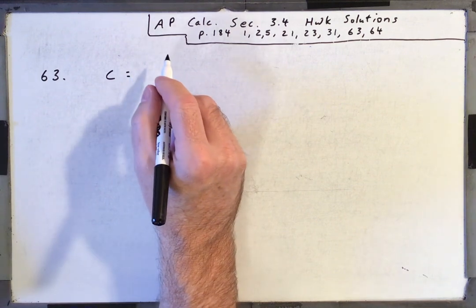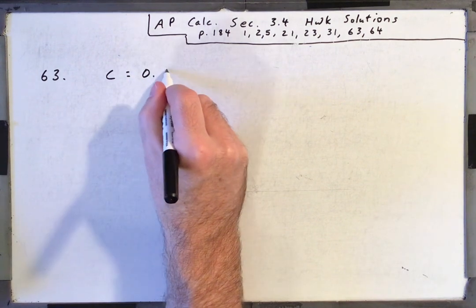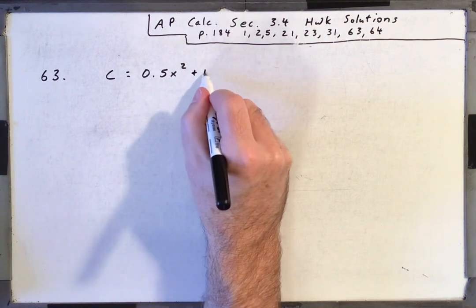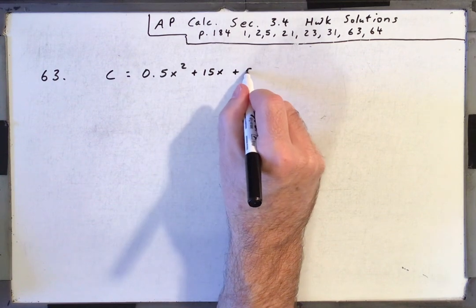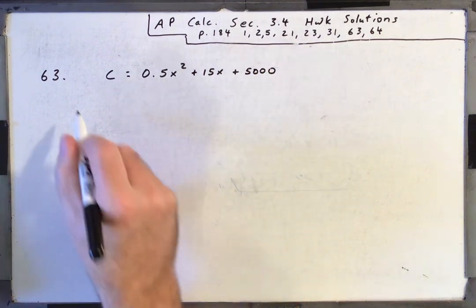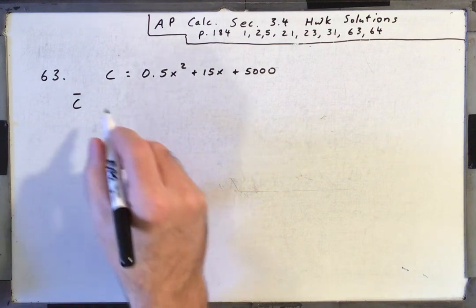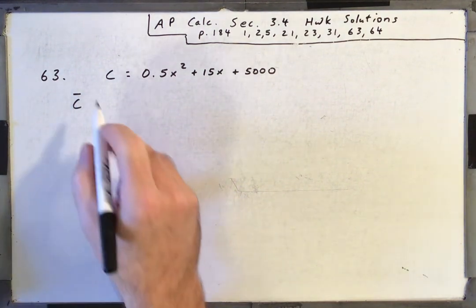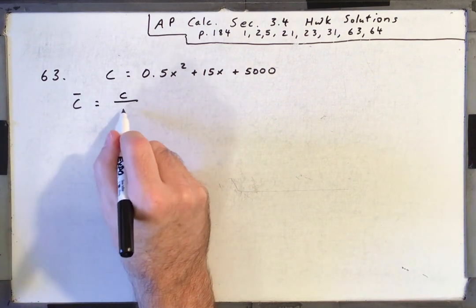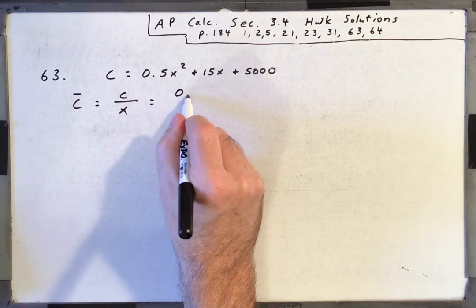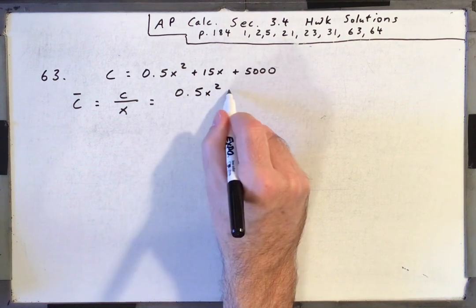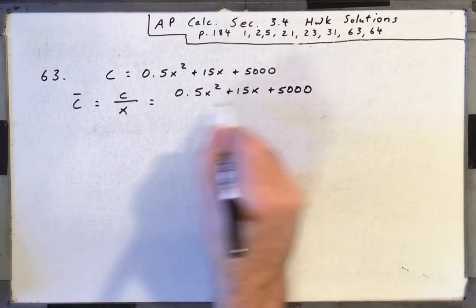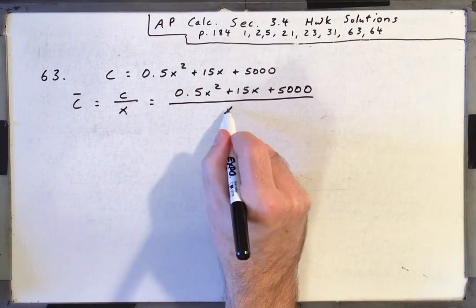So we have to get an equation for the average cost. We know that C is 0.5x squared plus 15x plus 5,000. But we want to know the average cost, C bar. That's how you say that, C bar. If you ever take a statistics class, you will use that a lot. That's C over x, so that would be 0.5x squared plus 15x plus 5,000, all divided by x.